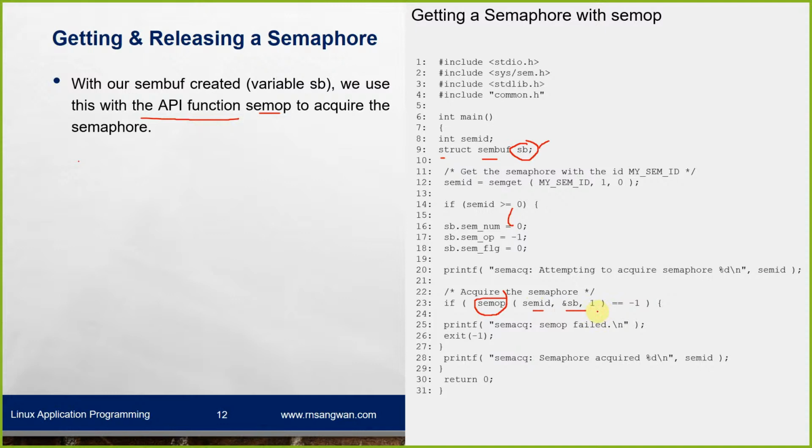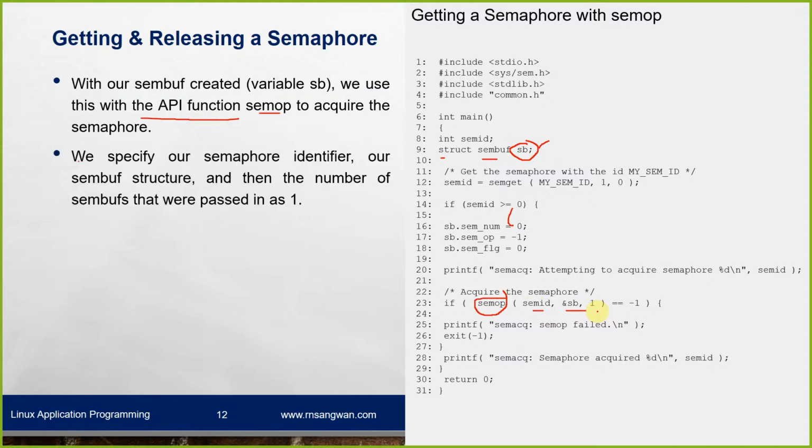So we verify what it returns. If it is equal to -1, then the semaphore operation failed. We specify our semaphore identifier, our semaphore structure, and then the number of semaphore buffers that we passed in as 1, that we want one semaphore.